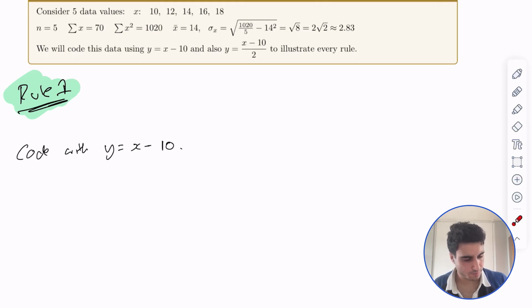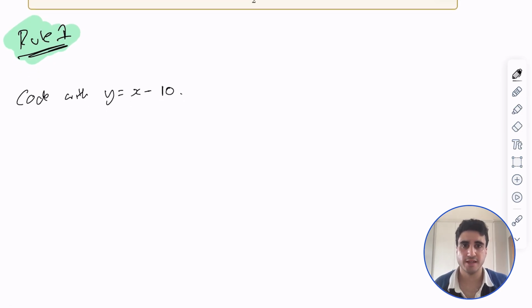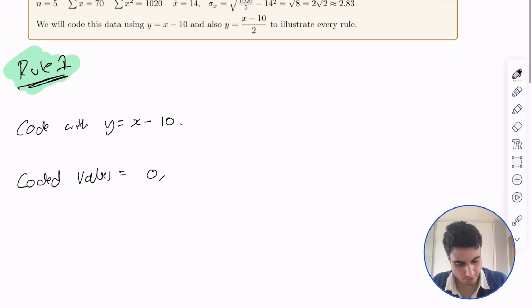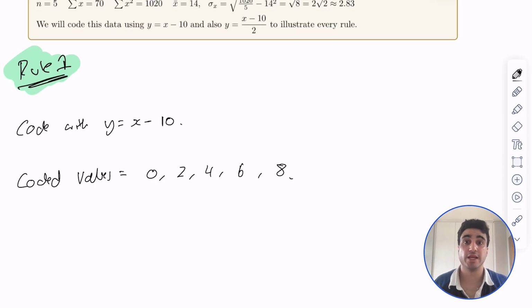That means for each one of these values we're going to alter them somehow, and since our code is y is equal to x minus 10, our new coded values are going to equal 0, 2, 4, 6 and 8. All we've done here is make it a little bit easier for ourselves to deal with the problem at hand.